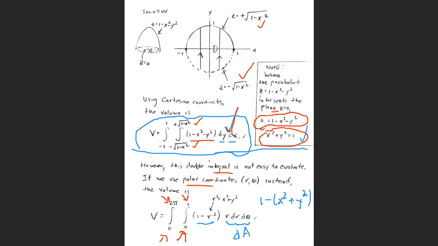Now, what do you notice about these limits? The limits in the integral with respect to polar coordinates. What do you notice about those 4 limits? They're all numbers, they're all constants.